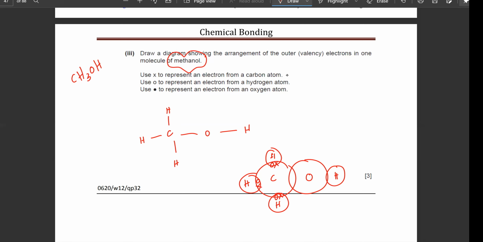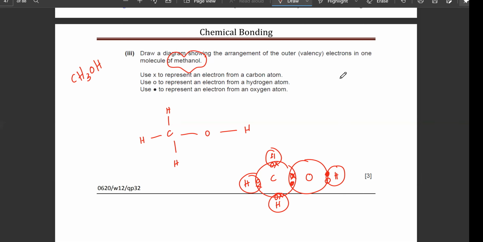Oxygen is the shaded one, so it's going to be, sorry, carbon was cross. And this is oxygen with shaded dot, and the hydrogen is the dot, right? Is this clear?